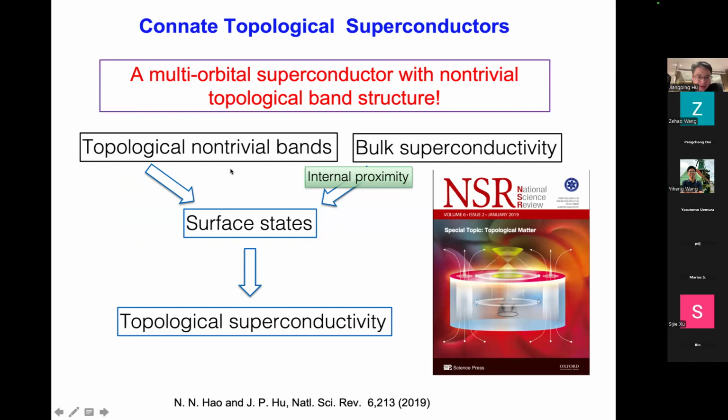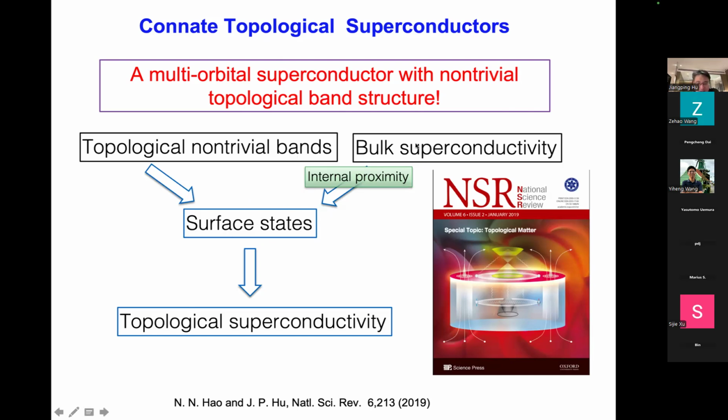This is illustrated in these slides. Basically, think of a multi-orbital superconductor with a non-trivial topological band structure. Because it's multi-orbital, some bands may be responsible for superconductivity, but some bands may be topologically non-trivial. This topologically non-trivial band can create a surface state.